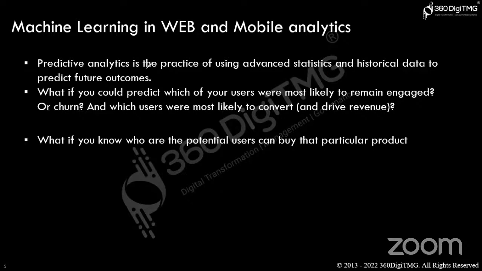Let's say, what if you could predict which users were most likely to remain engaged? Let's say you have one YouTube channel, or you will be having one marketing channel. That could be a page, anything. If you know previously, or telecom, it is the best example, a telecom company. If you know how long that particular person will stay with you, when he will be going to churn, that means when he will be going to leave.